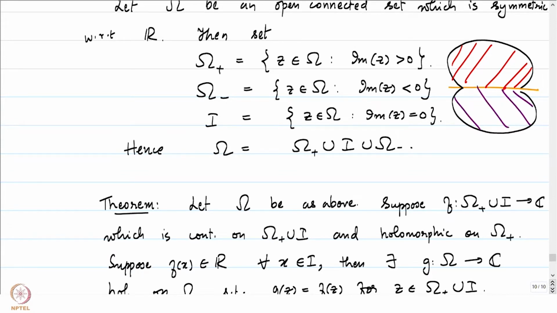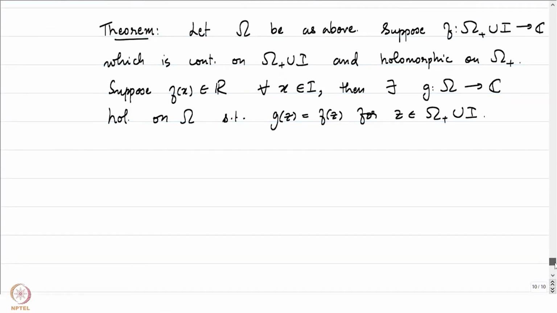If the light green part is I, the theorem tells us that if there is a function which is holomorphic on red and which extends to the region in green, then we will be able to extend it to the entire omega. So this is a very powerful extension theorem in the setting of complex analysis. Let's give a proof of this statement.